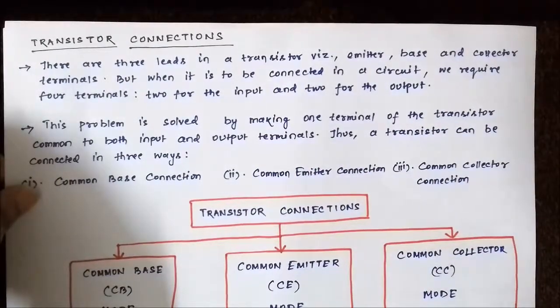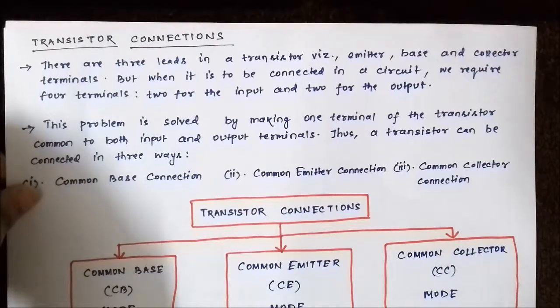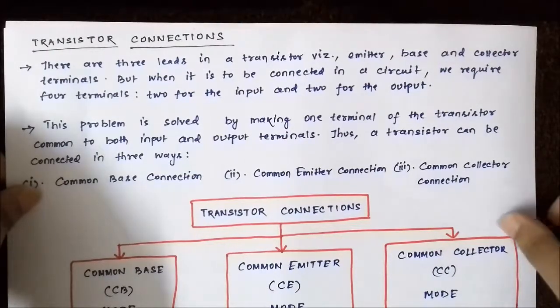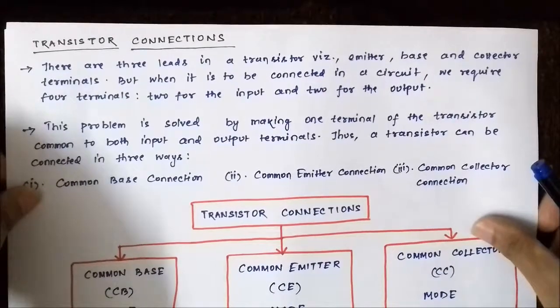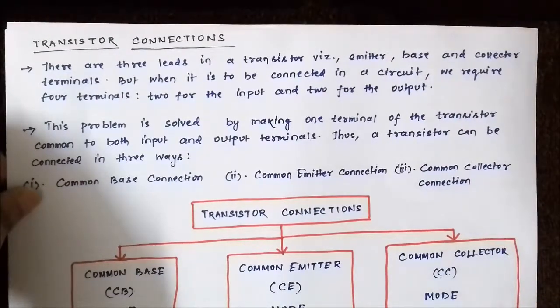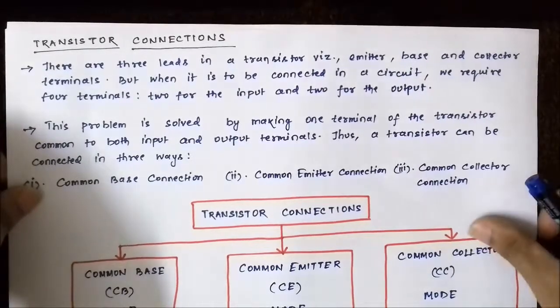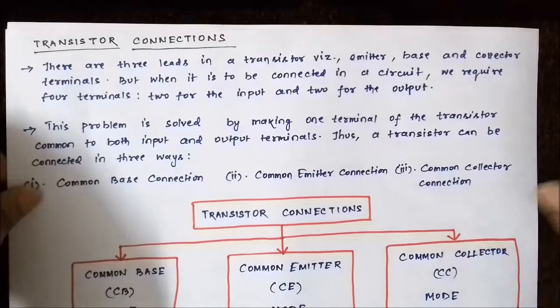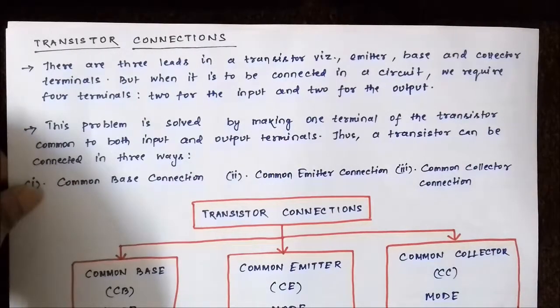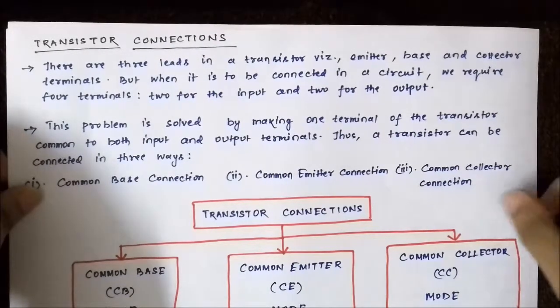But when a transistor is connected in a circuit, we need two pairs of terminals, that is a total of 4 terminals, 2 for input so that we can apply the input signal, and 2 for output for extracting the output. So in order to accomplish that, the transistor or the BJT has to be connected in a certain way in a circuit.